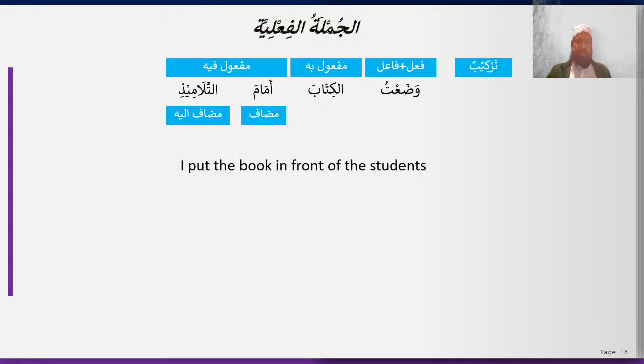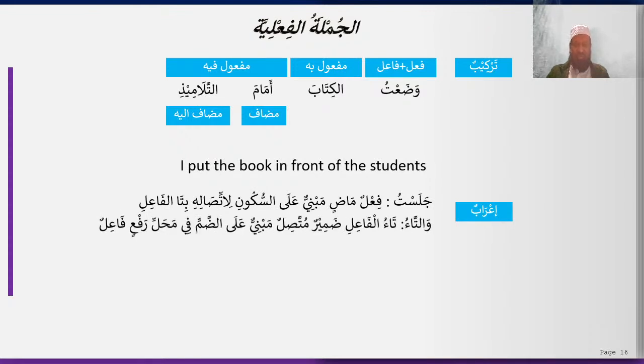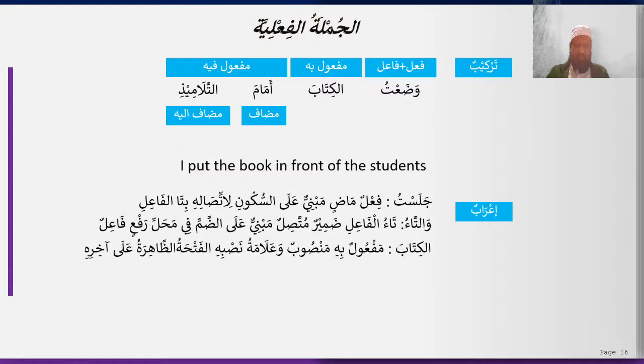Right, yes, well done. I put the book in front of the students. The Arab وضعت as جلست فعل ماض مبني على السكون لاتصال بتاء الفاعل. والتاء تاء الفاعل ضمير متصل مبني على الضم في محل رفع فاعل. الكتابة مفعول به منصوب وعلامة نصب الفتحة الظاهرة على آخره.